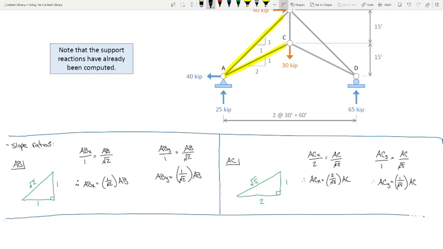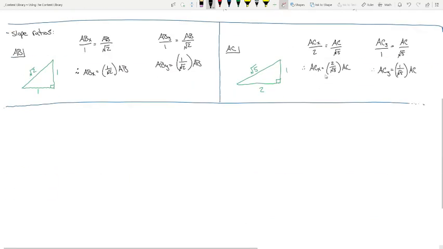Now, if you're okay with that, I want to look at the method of joints at A. Okay. Now, before I analyze this joint, I'm going to make a blanket statement, okay?